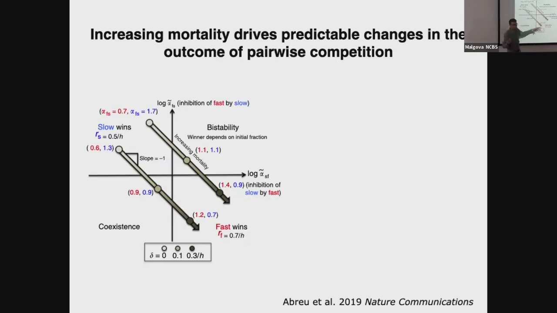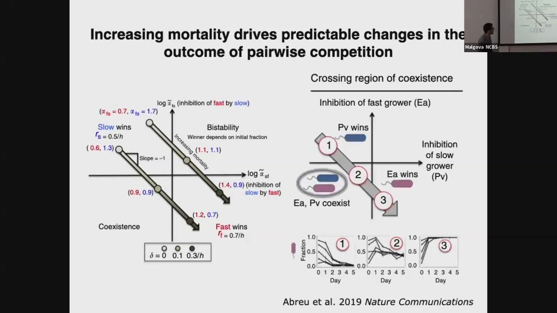But for a different pair of bacteria, maybe the interactions are more over here, and as they increase the death rate, this will cross the different outcomes in this way, going through coexistence. So actually, that's what they did experimentally. Here, you have a Pseudomonas against an Urantiaca species.